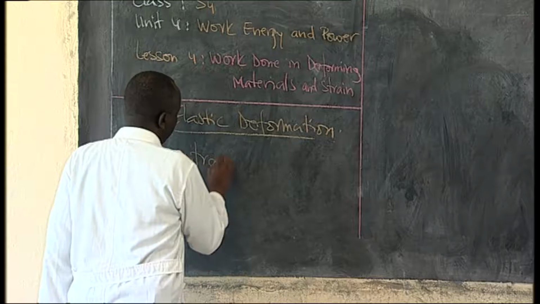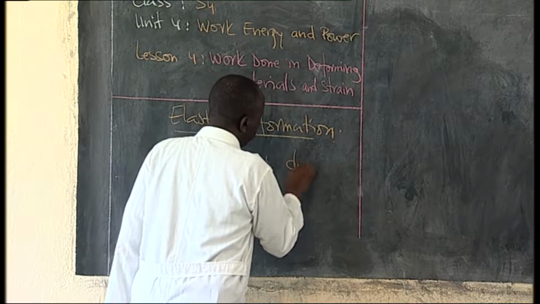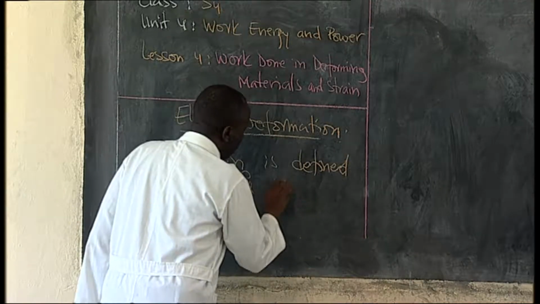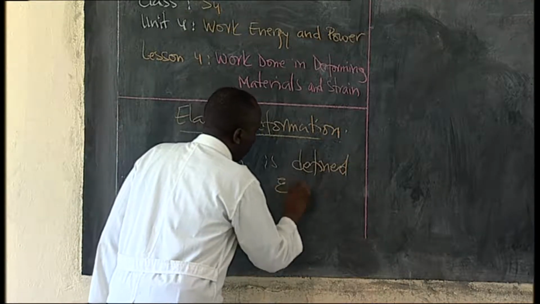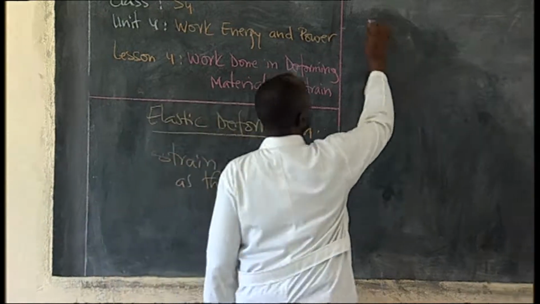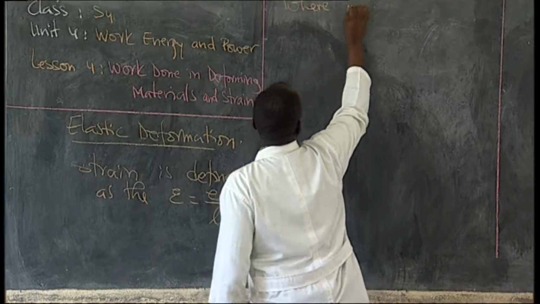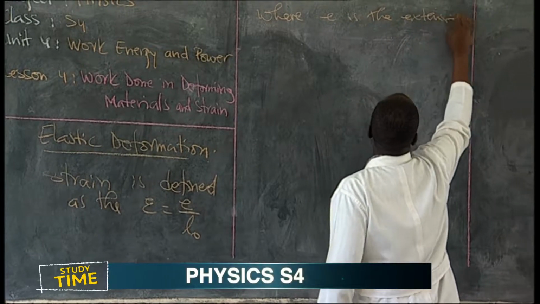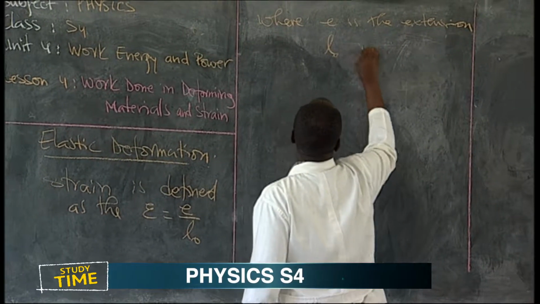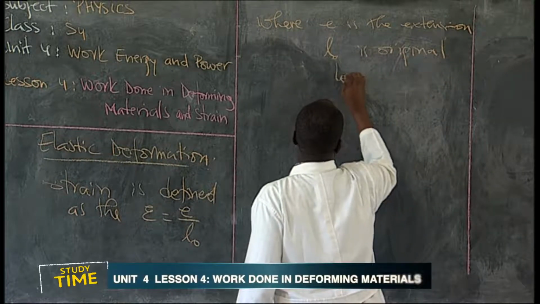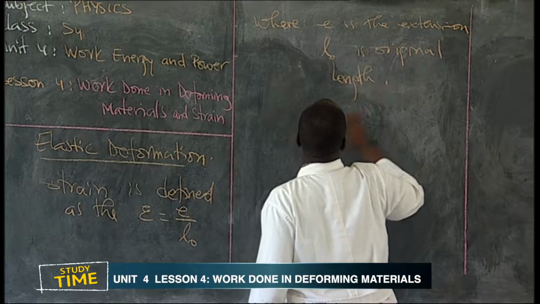Strain is defined as this formula: strain equals E over L0, where E is the extension and L0 is the original length. Okay, I know that you are following me, yes?